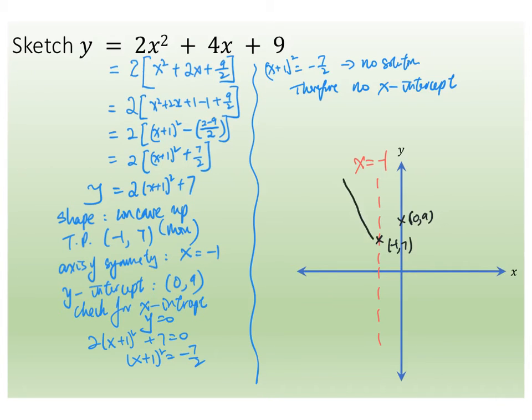So this is the parabola, y equals 2x squared plus 4x plus 9. Since there's no x-intercept, you cannot indicate it. All you need to do is indicate the y-intercept, the turning point, the axis of symmetry, and the equation. That will do.